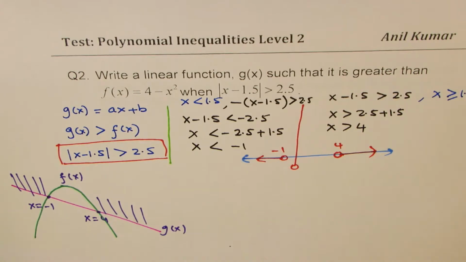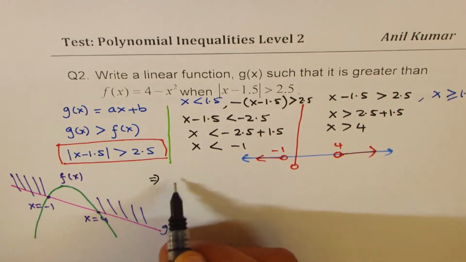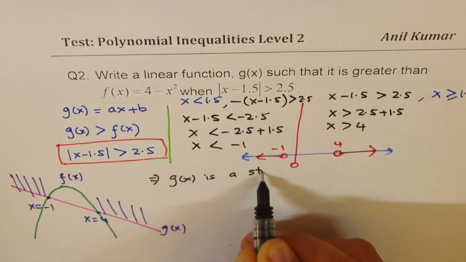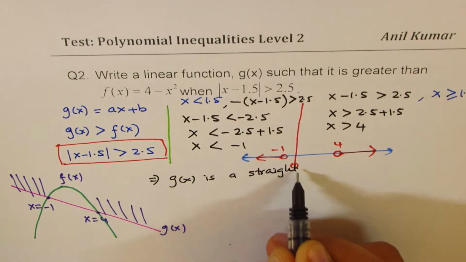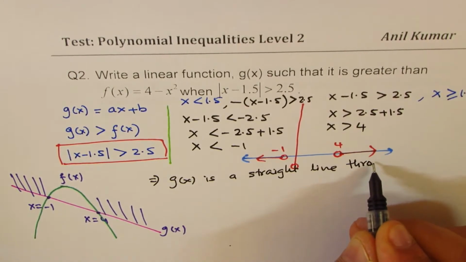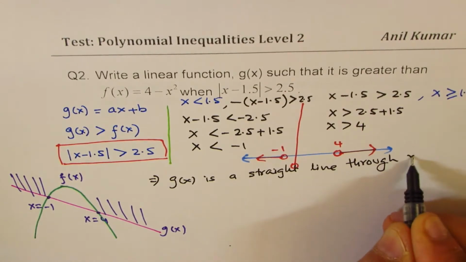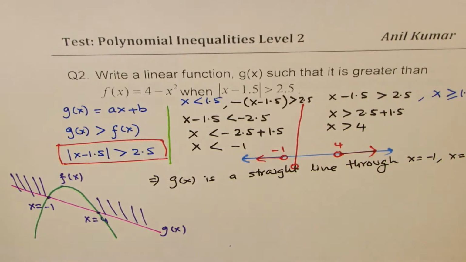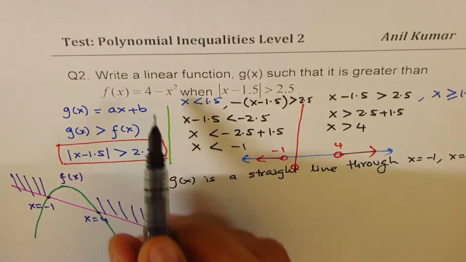So basically we are saying that g of x is a straight line, so this implies that g of x is a straight line through x equals minus 1 and x equals 4. Perfect. And those points of intersection are on the curve.